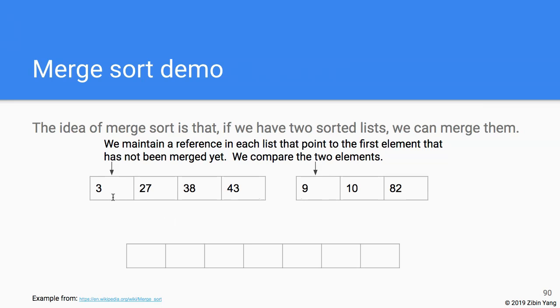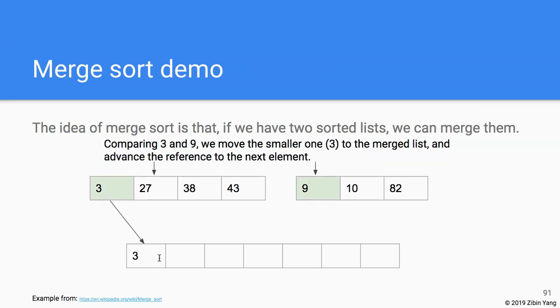When we first start, of course, the two pointers are pointing at the first element of both lists, and now we compare 3 and 9, and we know 3 is smaller than 9, so we'll take 3, put it in the merge output, and then because we already put 3 there, we can move the pointer in the first list to the next element.